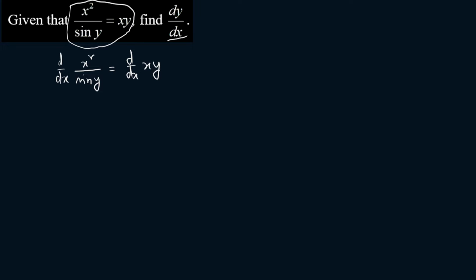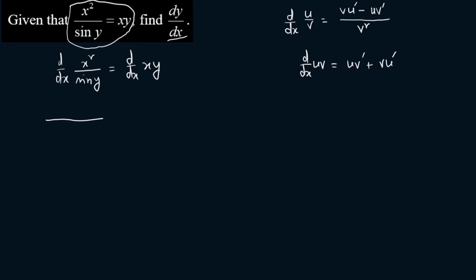So we know the quotient rule is, if it is written as u by v, then according to the rule we need to write here sine y and d by dx of x square, minus x square into d by dx of sine y, and on the bottom we need to write sine square y because it is the square of v.